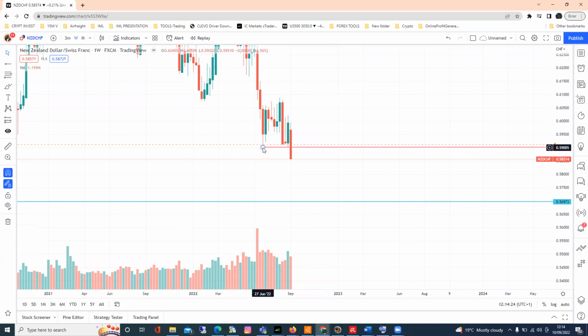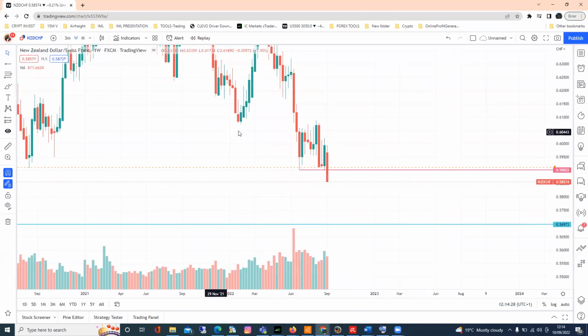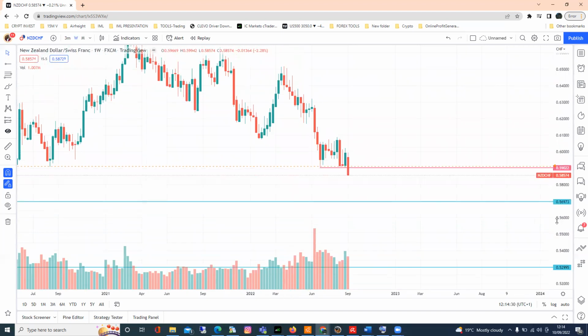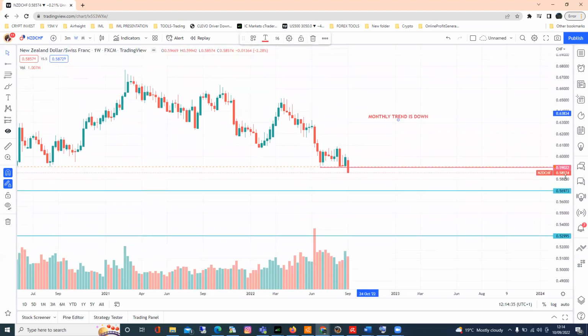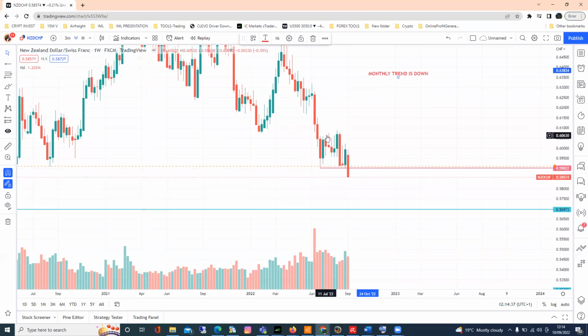That is one key thing that I want you to understand about the psychology of trading: where are your competitors, or where are the market participants? On the weekly level, there are buyers. You can see price goes back up, we come back to that area, and there are buyers over there as well.